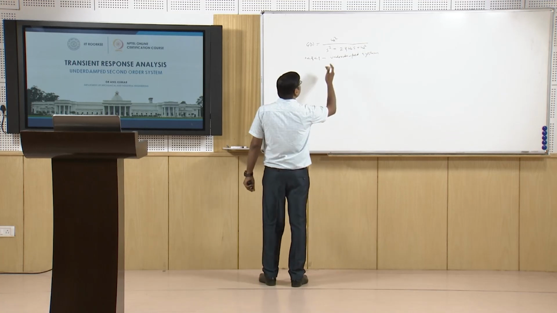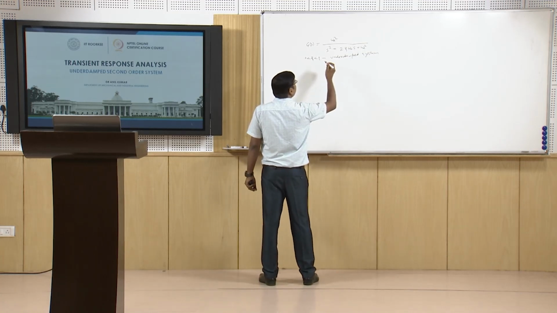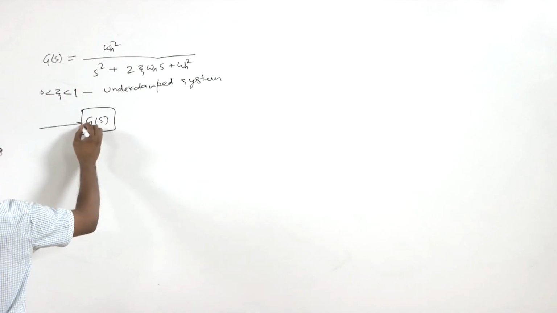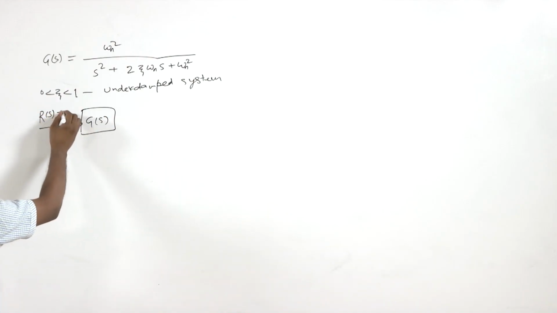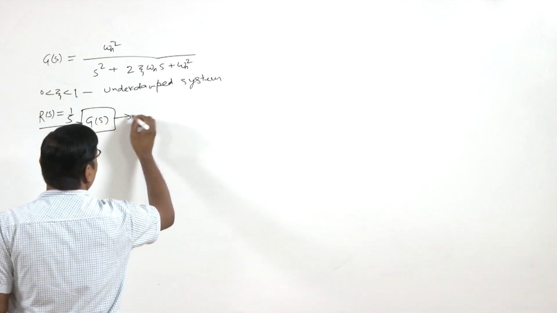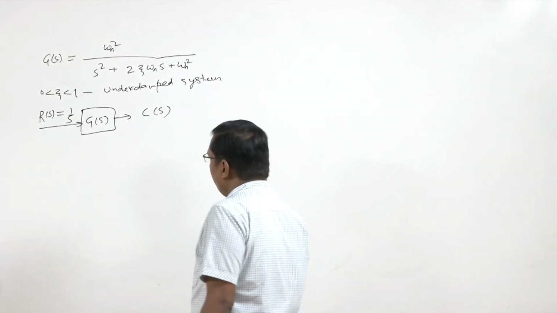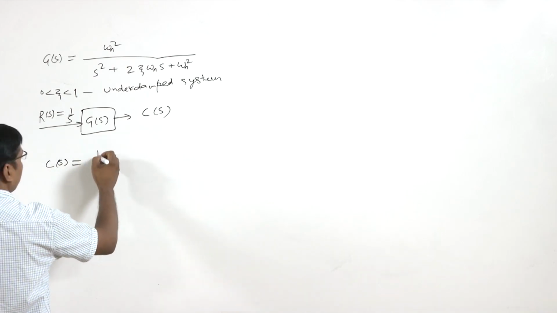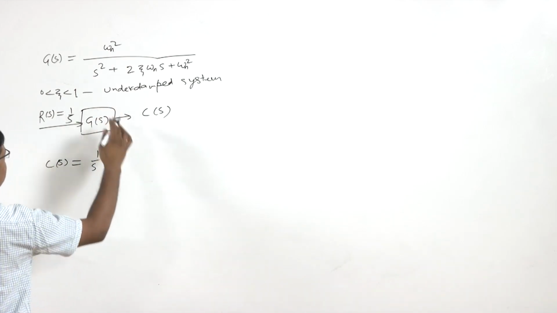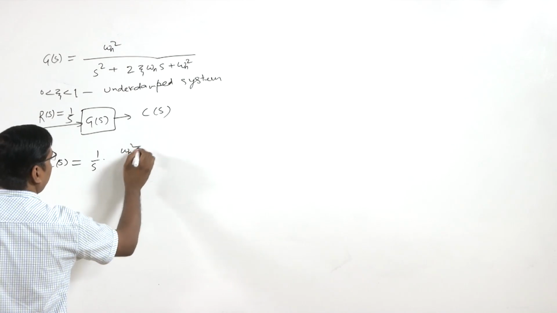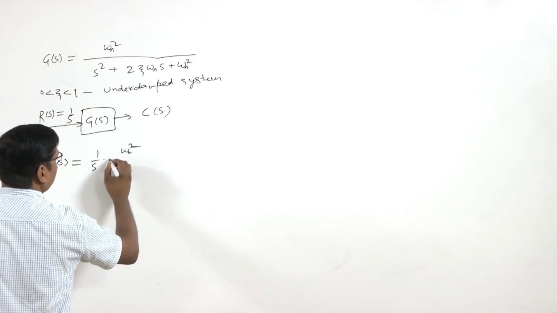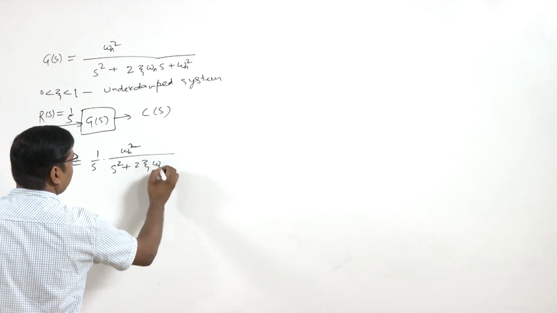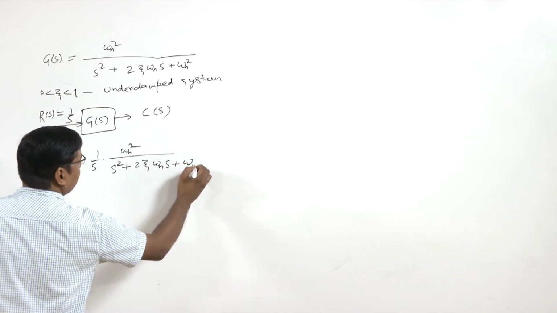So if the system is subjected to a step input, and this is the output, we have C(s) equal to 1 by s into G(s). G(s) is omega n square upon s square plus 2 zeta omega n s plus omega n square.